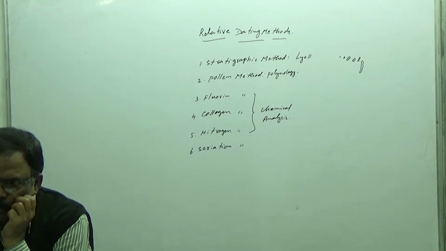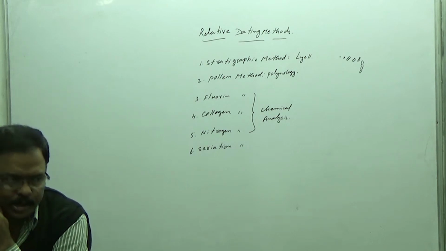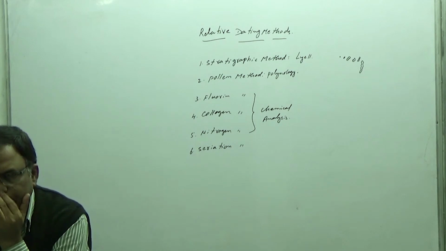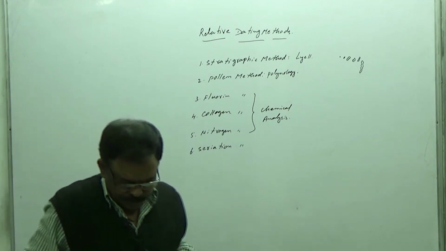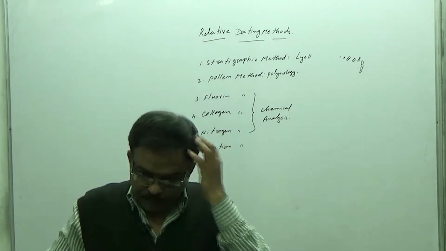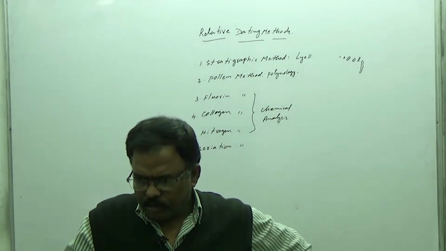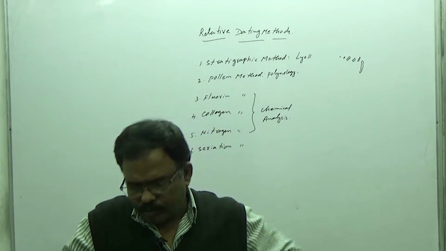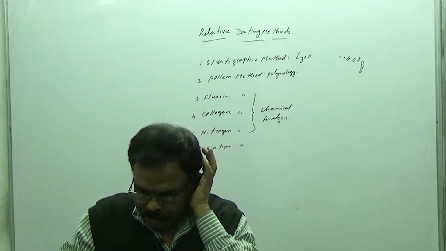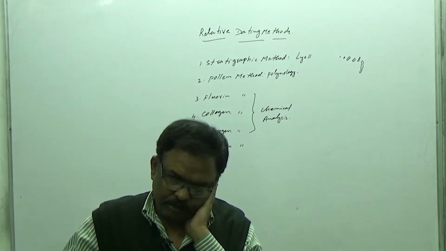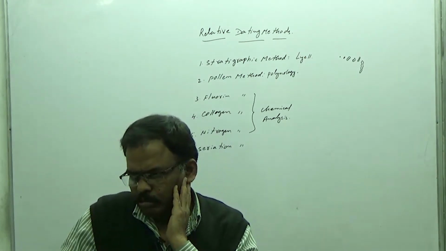The bones are made of amino acids, proteins. So in place of collagen, use nitrogen, that's it. In the process of fossilification, bones lose nitrogen.